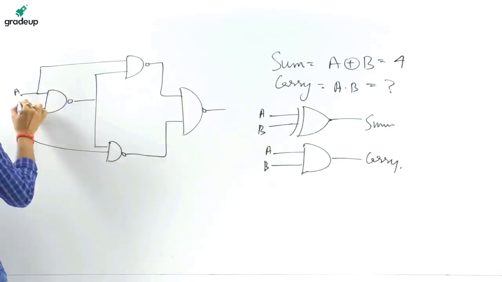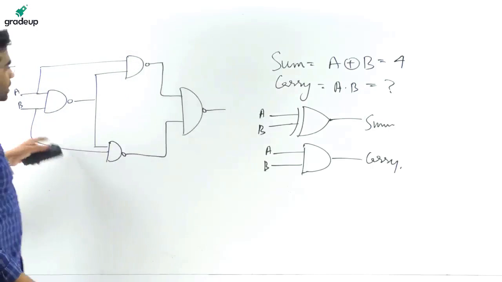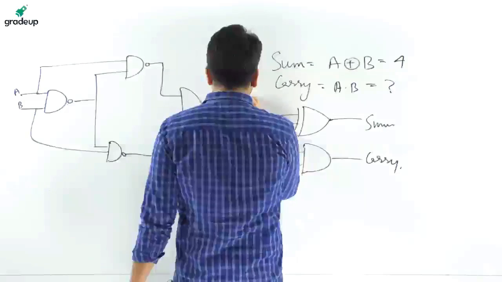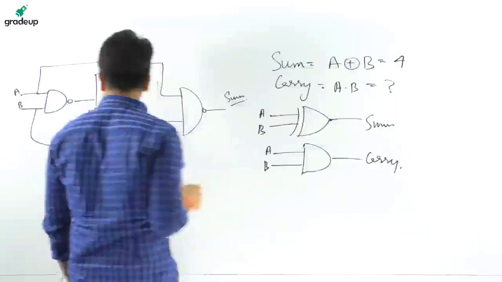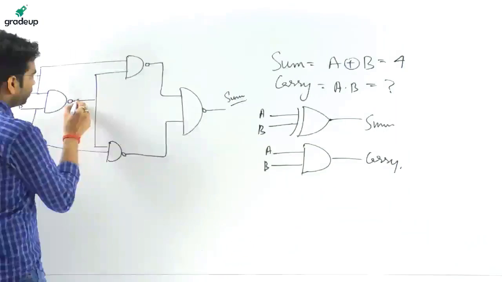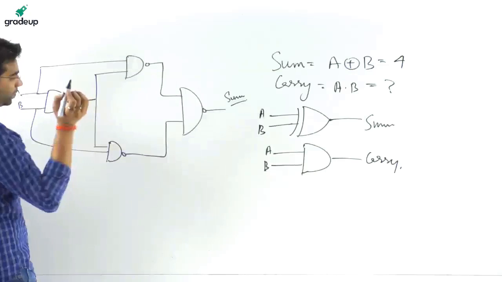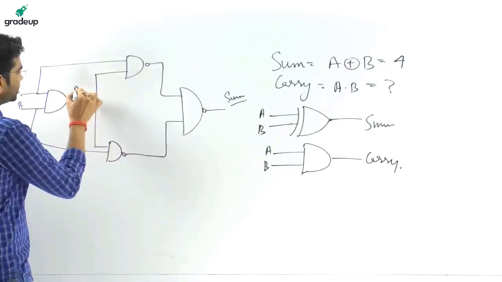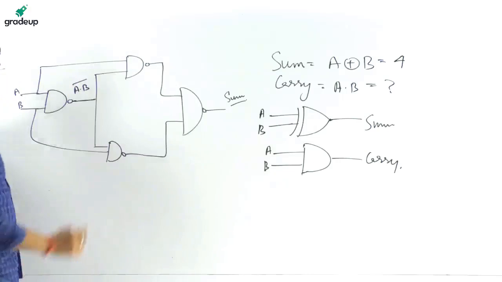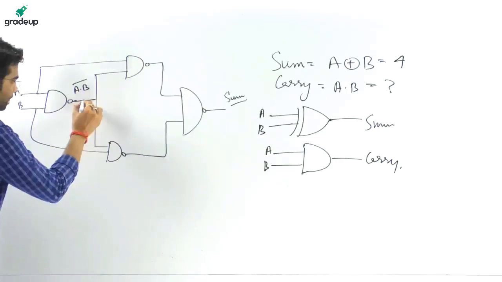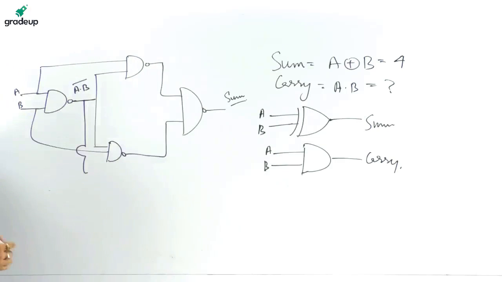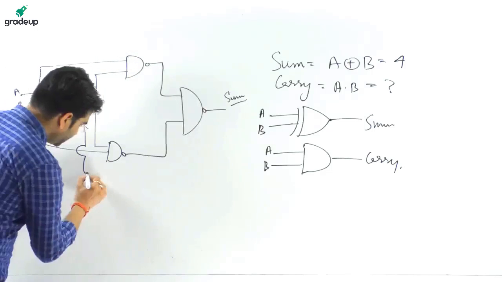AB are the inputs. XOR operation, sum यहाँ पे मिल गया. Can you find one thing, dear friends? That here it is A dot B bar. Take it out. तार खींच लिया यहाँ से.